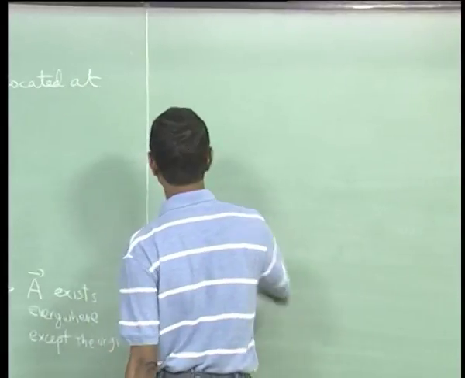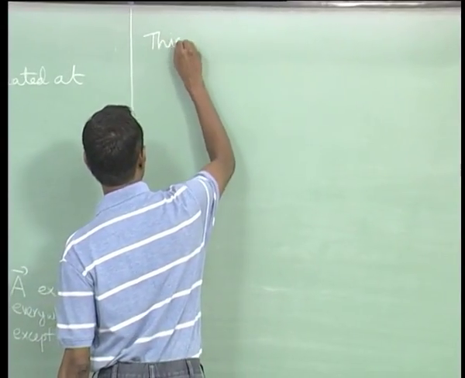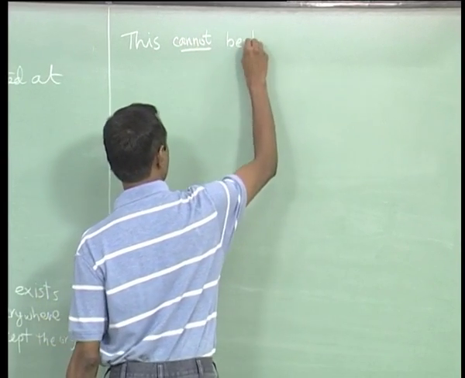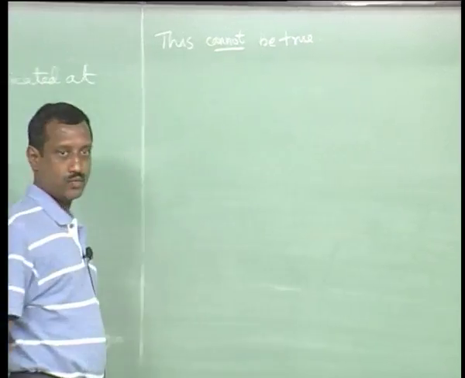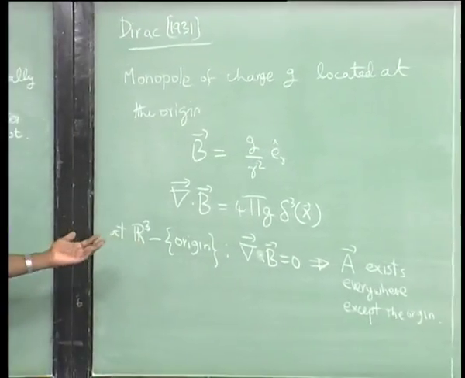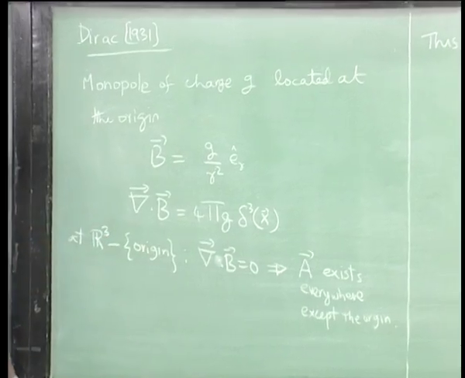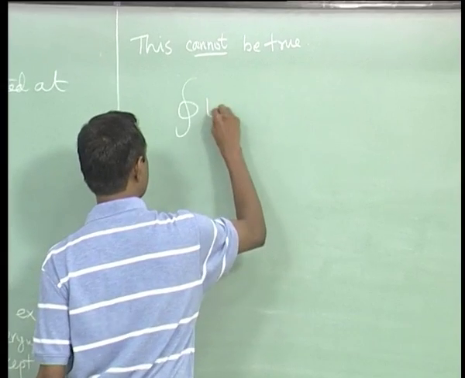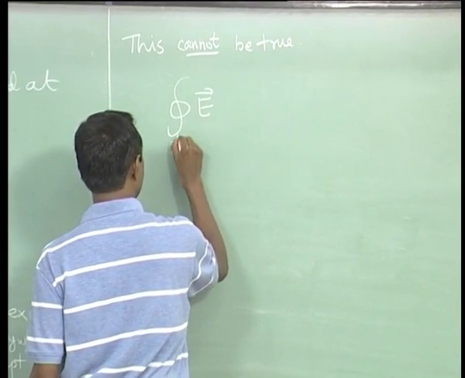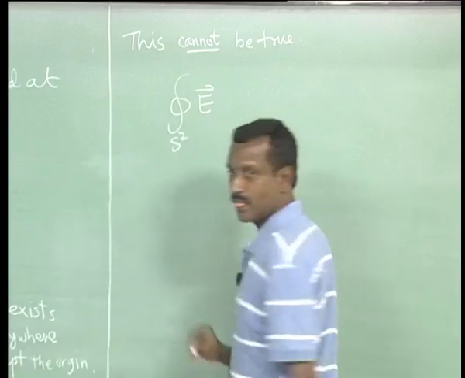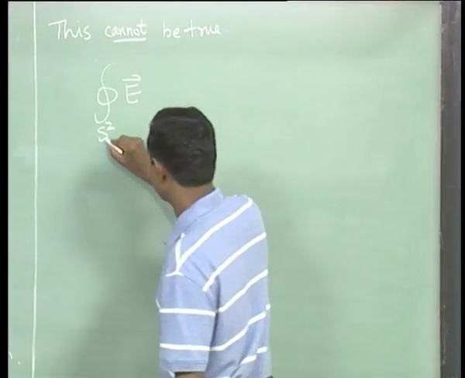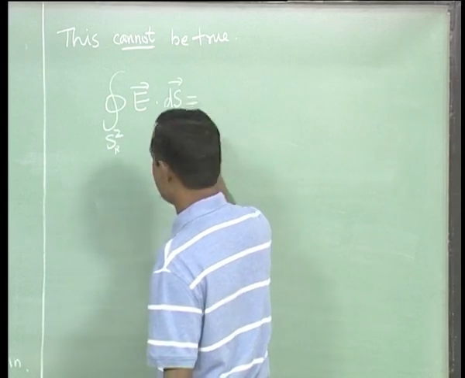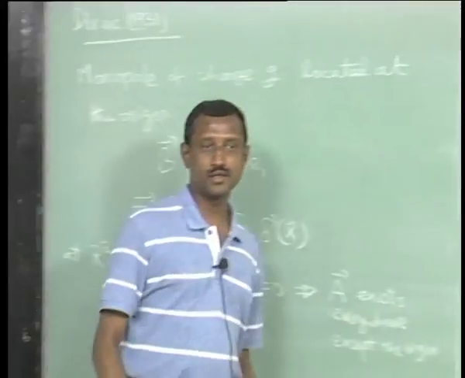Why is that? The analog of Gauss's law again would be an integral. I will just write it out first for E. Let us take a 2 sphere of some radius r centered at the origin. E dot ds, what would this be? 4 pi times the charge enclosed.